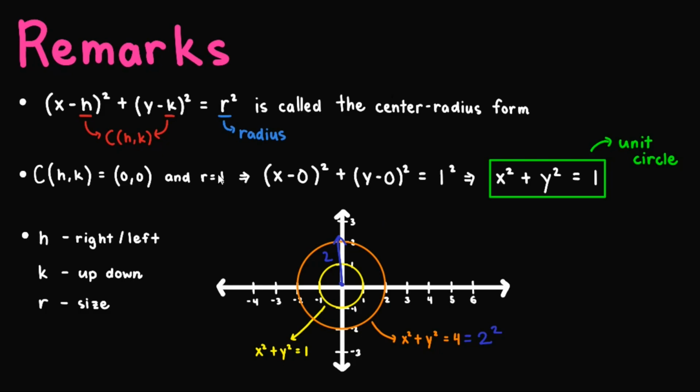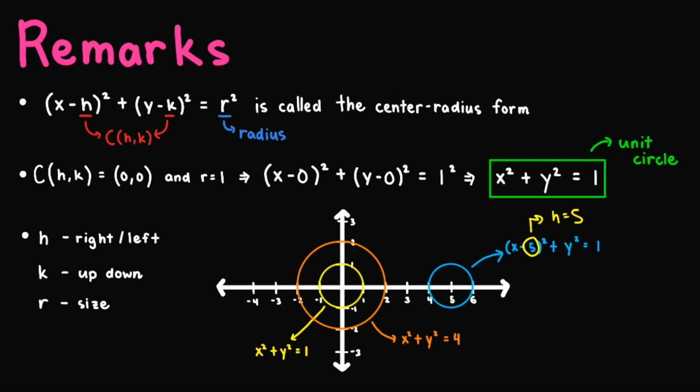Now let's try to check what happens when we change h out here. So we'll have this one. As you can see, take note that in here, the value of h changed to 5. So what we did is we translated the circle 5 units to the right.